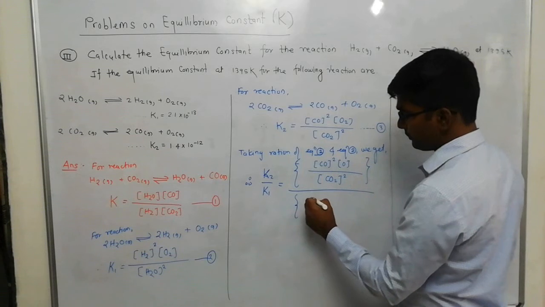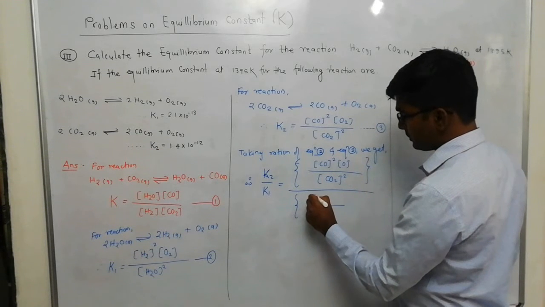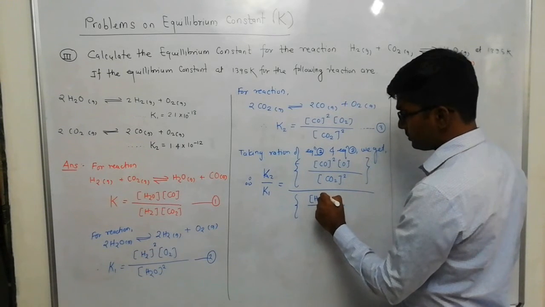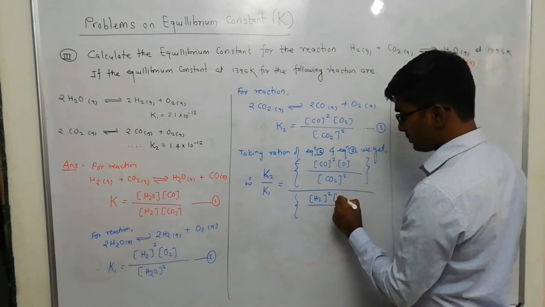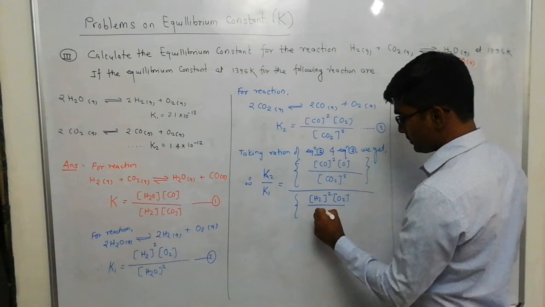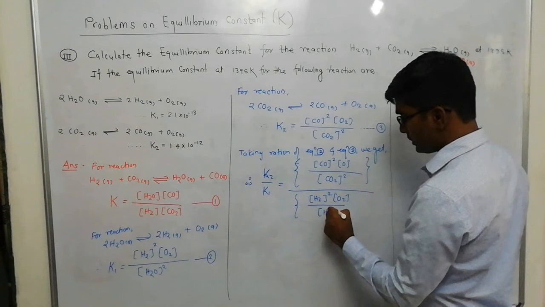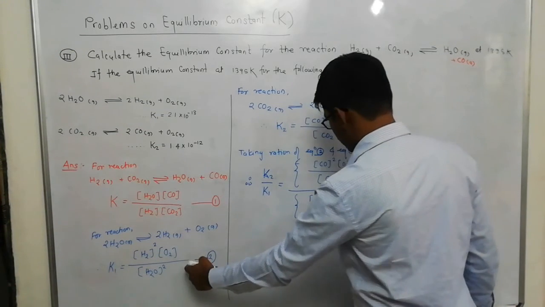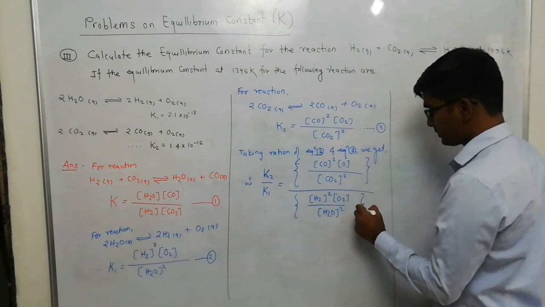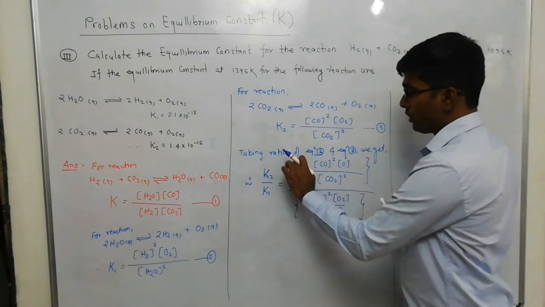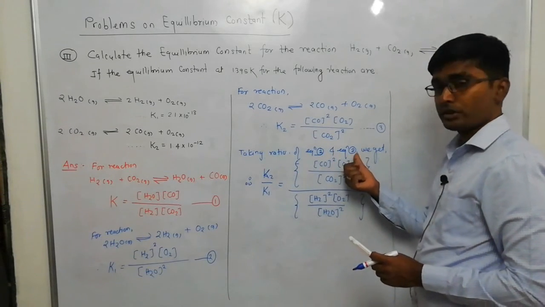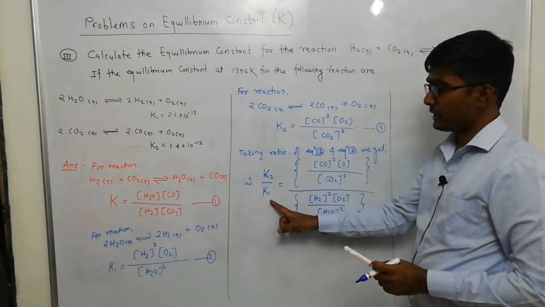What is K1? Concentration of H2 square into O2 divided by concentration of H2O square, from equation 2. What I have done is taken the ratio of equation 3 and equation 2, that is K2 upon K1.